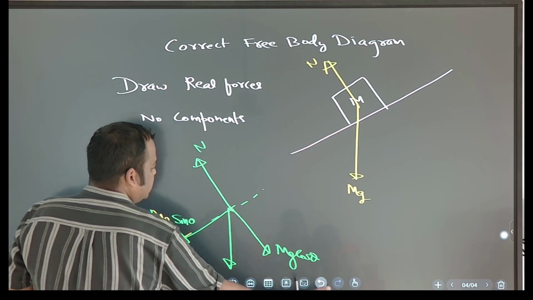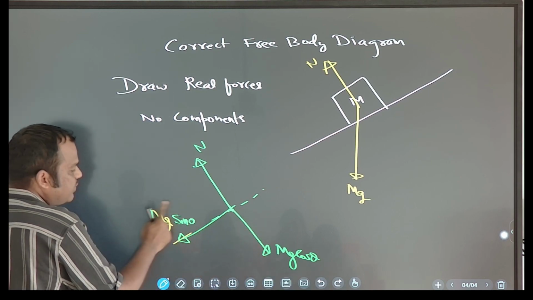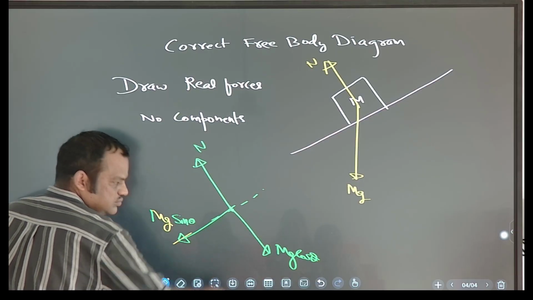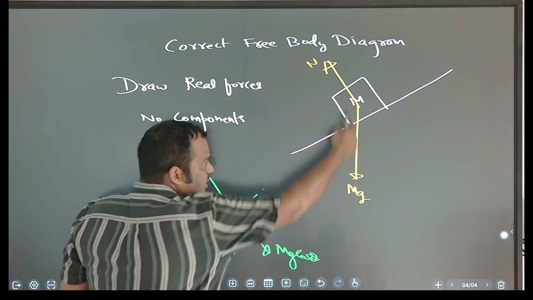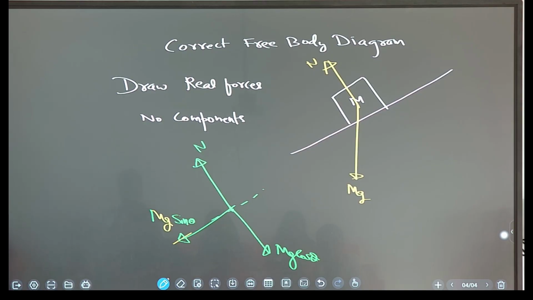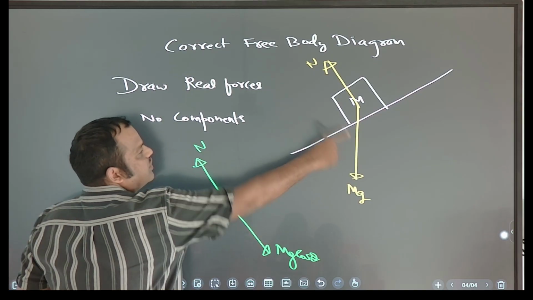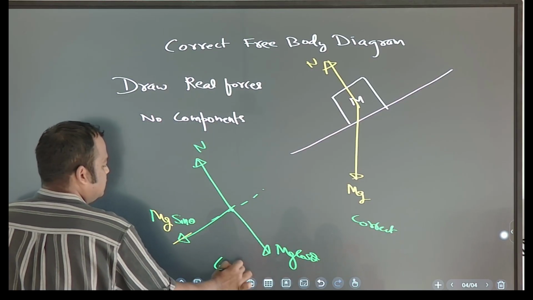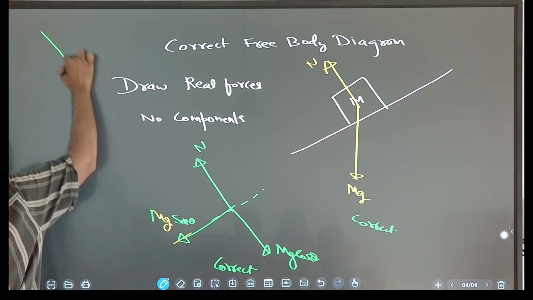Draw mg like this or components, okay. So this is also correct, this is correct, and this is wrong.